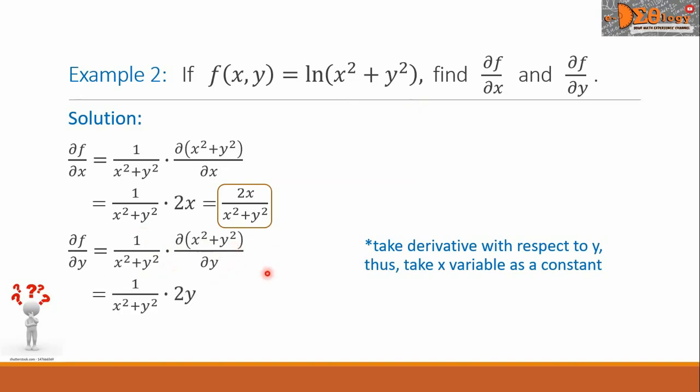So we have now on the next step, the derivative of x squared is 0 because x here is considered constant, plus derivative of y squared is 2y. Then we will just combine this fraction and 2y. So the final answer, 2y all over x squared plus y squared.